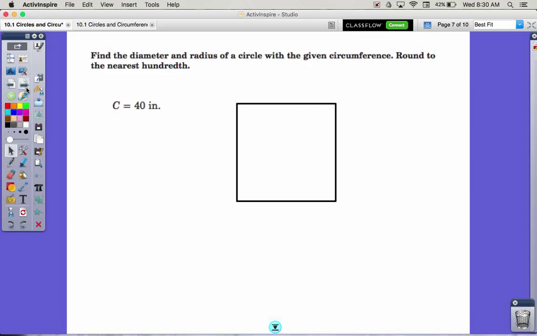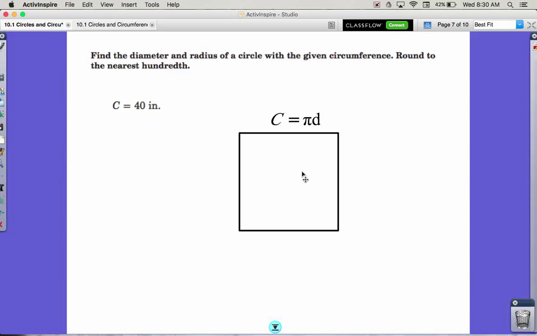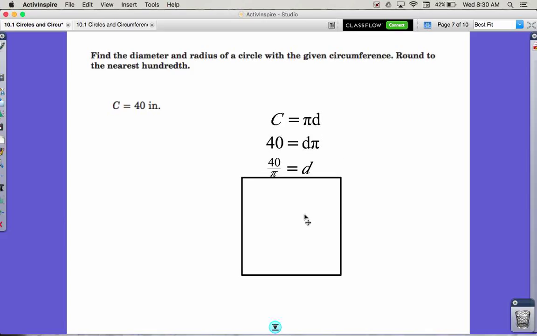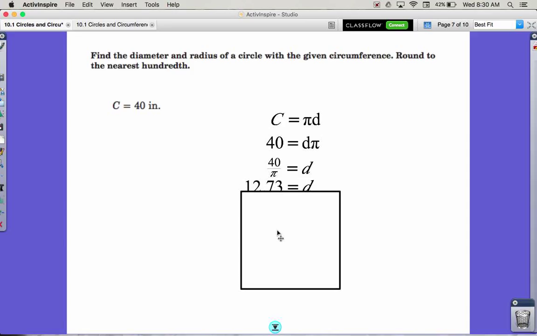So on this one, it asks you to find the diameter and radius of a circle with the given circumference, and you're going to round to the nearest tenth. So in this case, we're going to start with our circumference formula, and we are going to work our way backwards. So circumference equals pi times diameter. So 40 equals our diameter times pi. So we're going to divide 40 by pi to get our diameter.